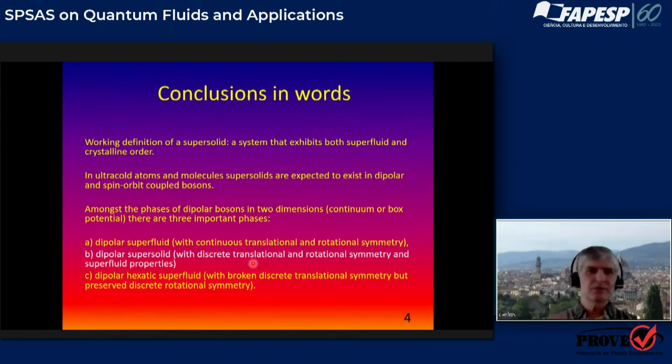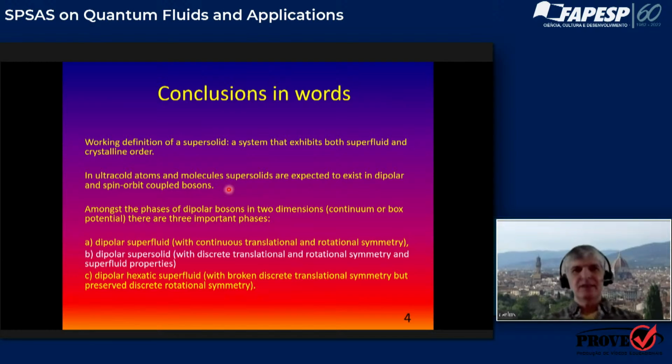So in words, we will have a working definition of a supersolid as being a system which exhibits both superfluid and crystalline order. That's what we're going to define to be a supersolid in our systems.